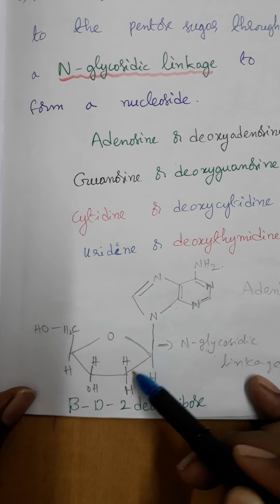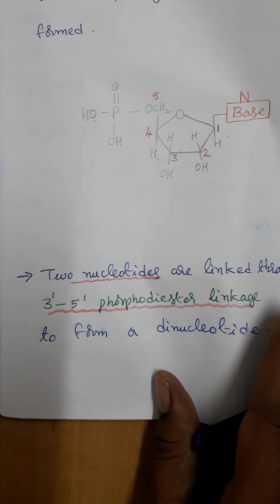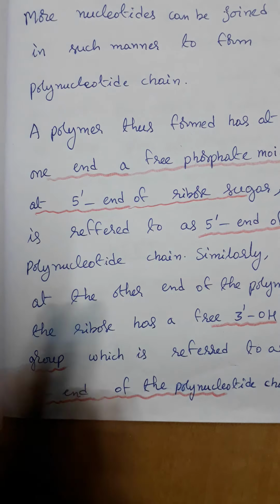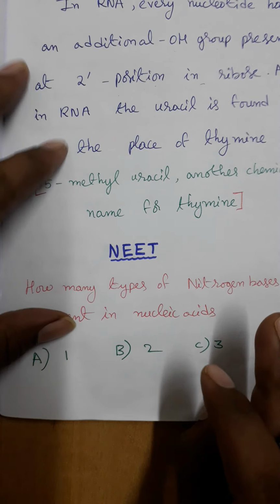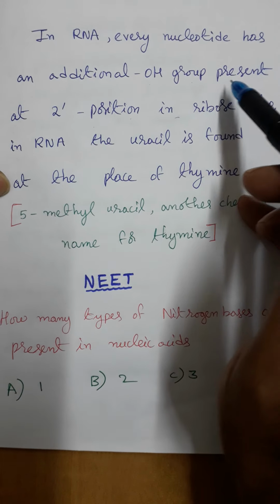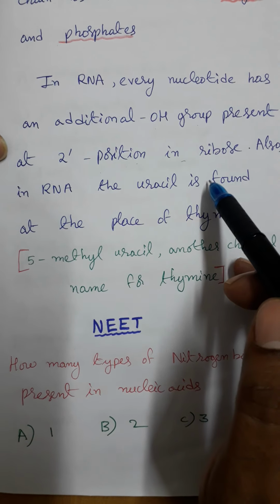This is the first carbon and the second carbon. So the additional OH is present in a ribose sugar, not in a deoxyribose. In RNA every nucleotide has an additional OH group present at the second position in ribose.